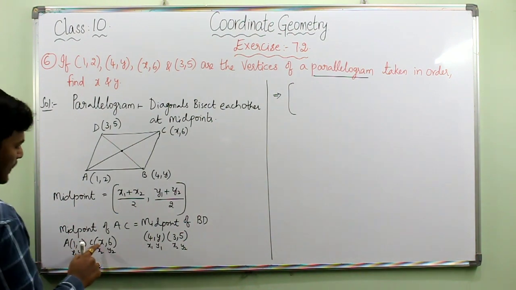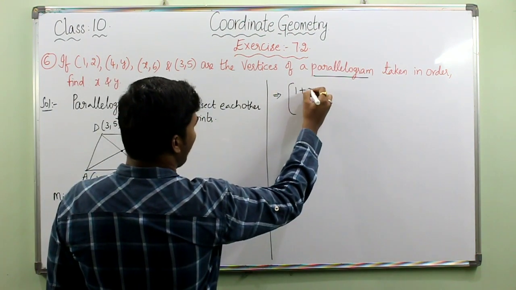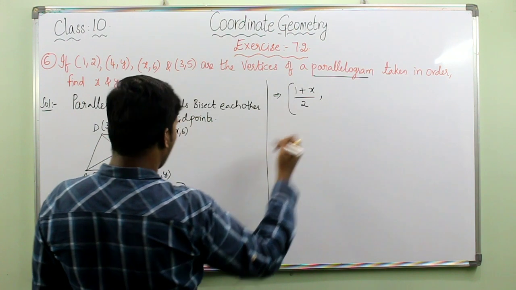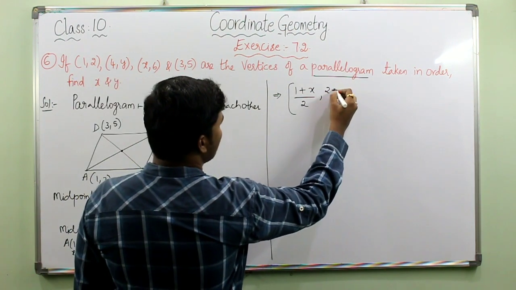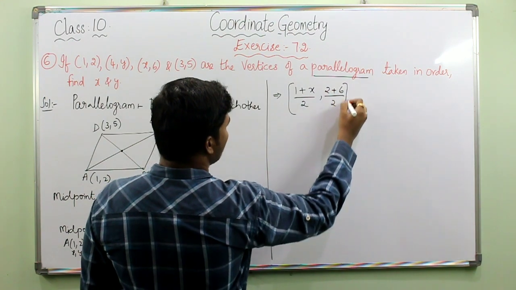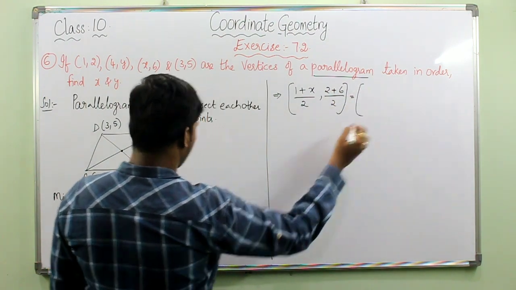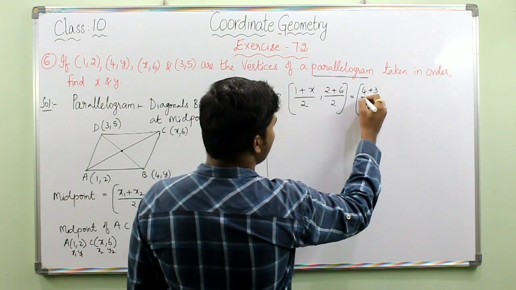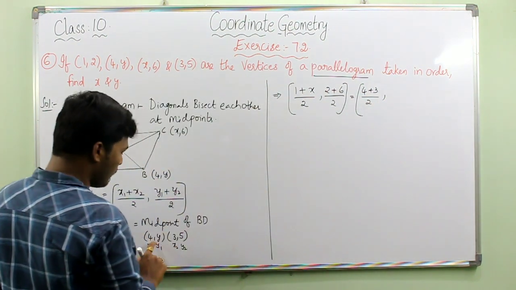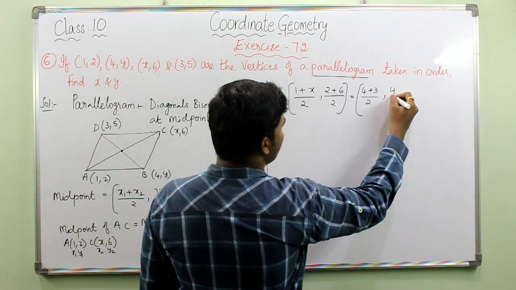((1 plus x) by 2, (2 plus 6) by 2) is equal to ((4 plus 3) by 2, (y plus 5) by 2).